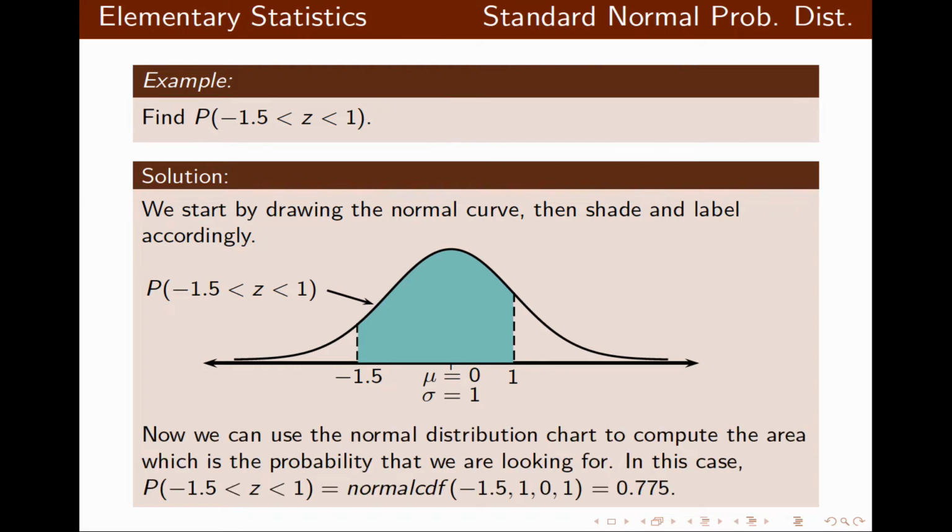Using the chart, probability that z is between negative 1.5 to 1 will be normal CDF with the lower value negative 1.5, the upper value 1, mean 0, and a standard deviation 1. And the answer is 0.775.